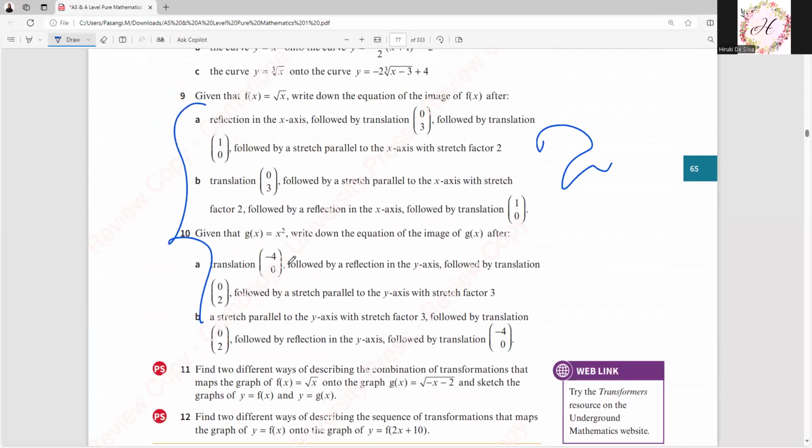So just go through all the theories and then do the exercises. Check with the answers as well. I saw a site where they have the solution book as well. Were you able to find out? I think Edexcel also has a separate solution book. The solutions are there at the end of the book, teacher. For the Edexcel one we have a separate solution book as well, with the steps and everything.